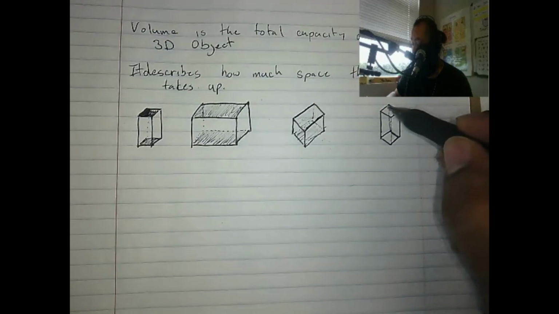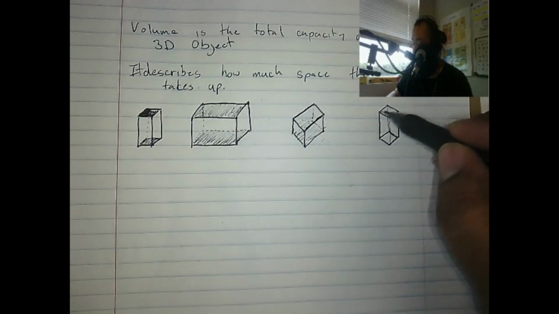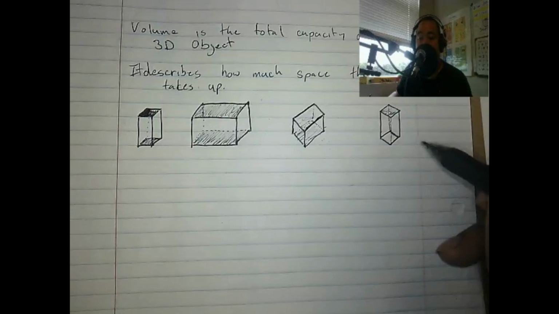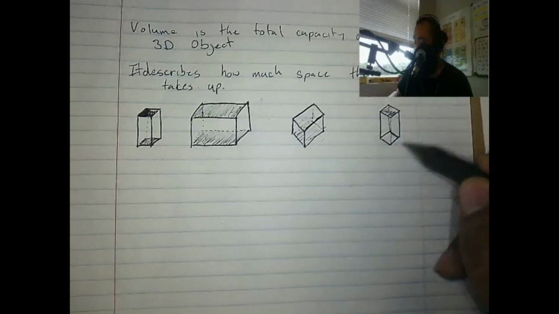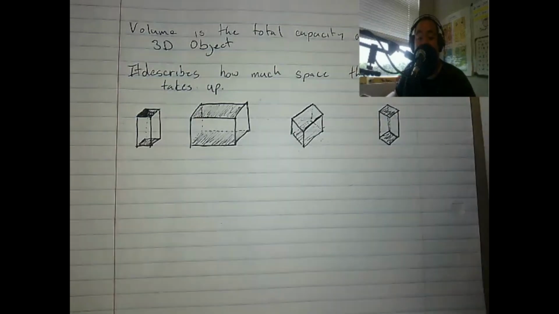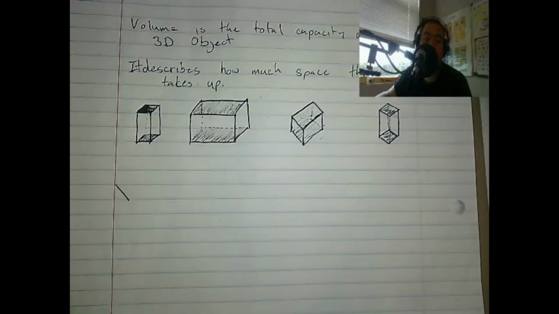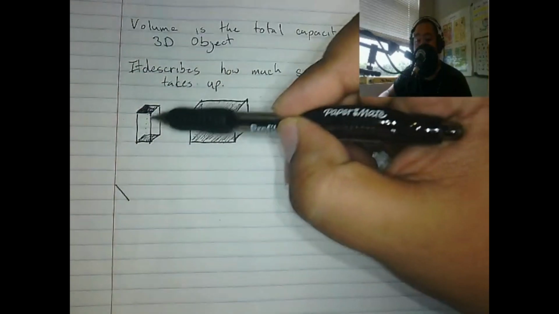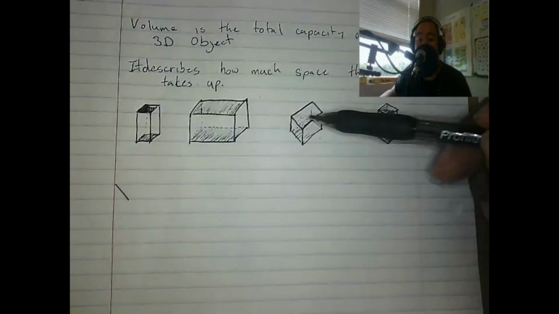I could say this tall piece right here at the very top is my base up here on the top, and then down here at the bottom could be my other base, and the height is the distance that's between them. So let's remember, our lesson today is finding the volume inside of each one of these rectangular prisms.